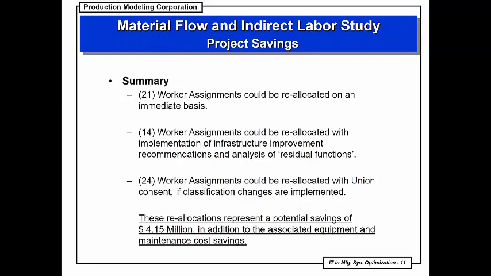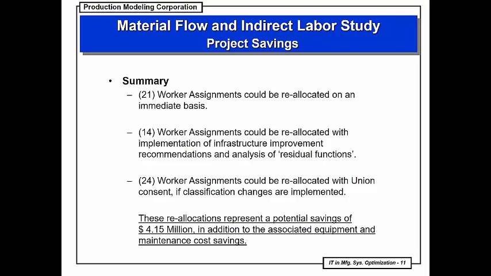Summarizing some of the project benefits, we were able to relocate 21 personnel on an immediate basis. There were 14 work assignments that could be relocated with the implementation of infrastructure improvement, and 24 work assignments could be relocated with union consent.